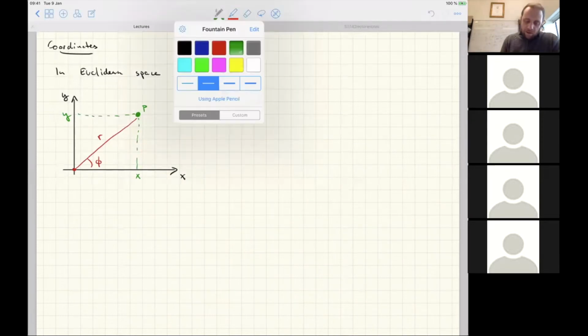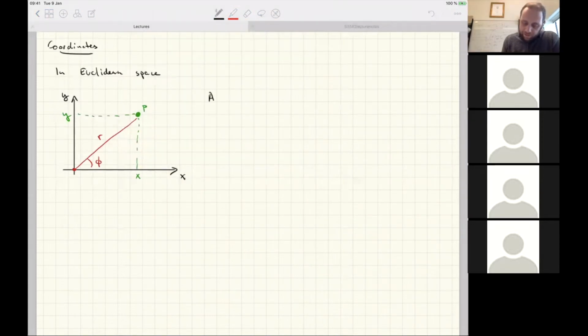So in general, a coordinate system is a number of functions, and in general I'm going to call them chi with an index a, where a goes from 1 to n, where n is the number of dimensions, that uniquely describe a point.